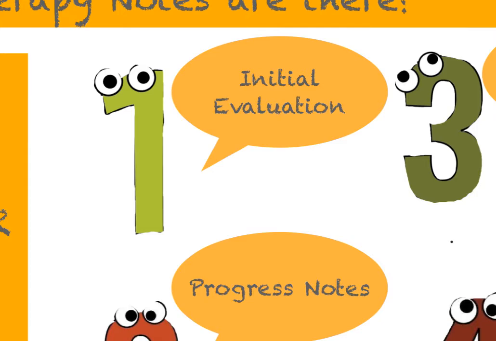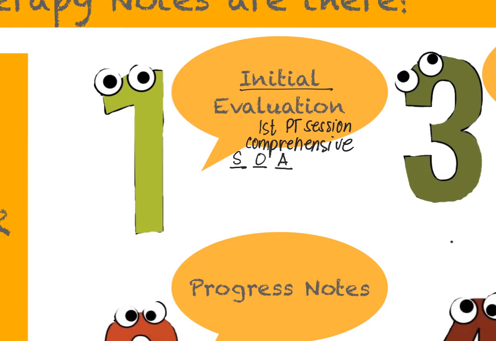So initial evaluation, from the name itself, this one is done during the first PT session. From the name itself, initial. This one is very comprehensive in nature. So you're going to do the subjective part, you're going to examine the patient under O, you're going to write all your goals for the patient, and then a comprehensive list of PT treatments that you will render.